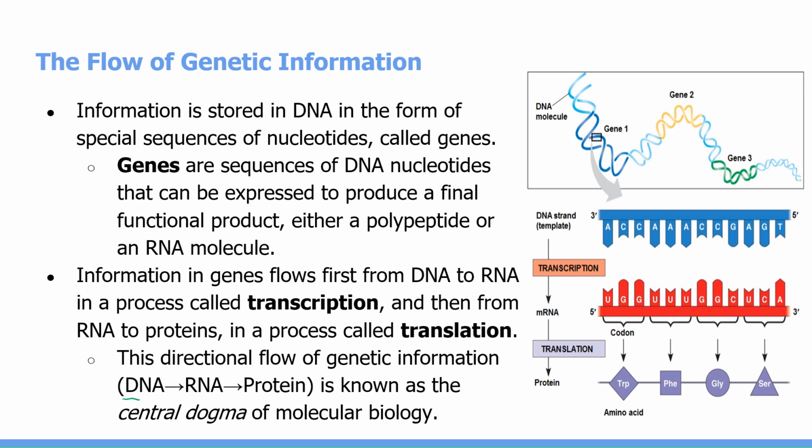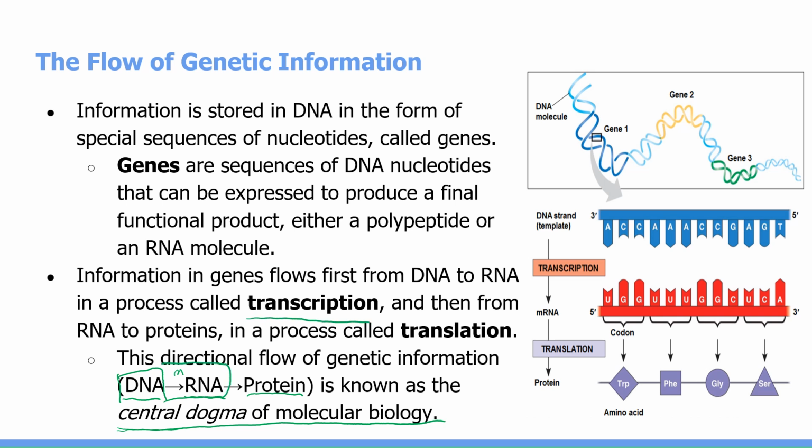We know that, again, the flow of genetic information goes from DNA to RNA, specifically mRNA, and then using mRNA, rRNA, and tRNAs to produce the protein. And again, the central dogma of molecular biology. So, in these steps, y'all, from DNA to mRNA, we have transcription.